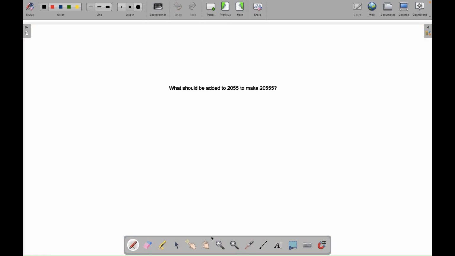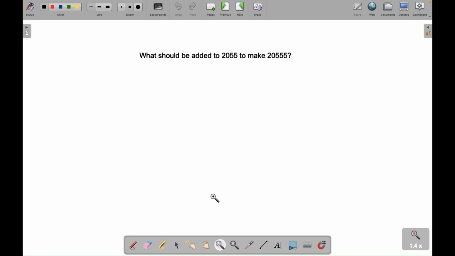Now let us look at some questions from previous year to get more clarity. The first question says, what should be added to 2055 to make 20555? So again, try to solve this on your own. And then we are going to discuss. So the first question says, what should be added to 2055 to make 20555?